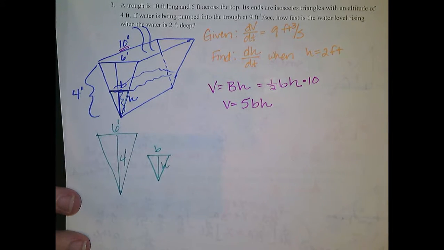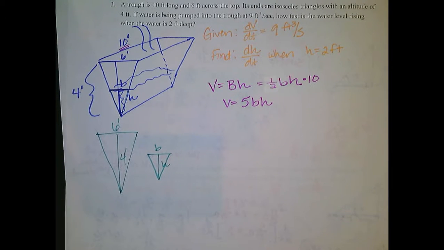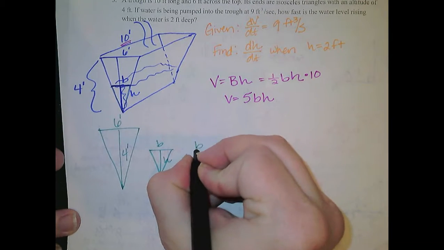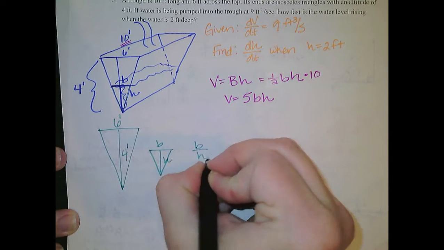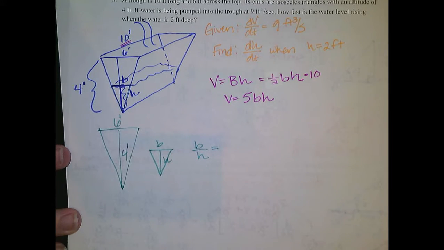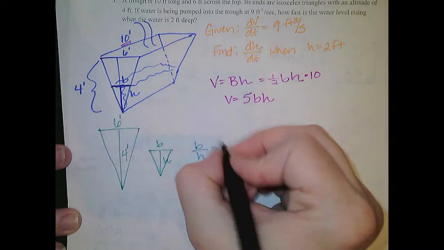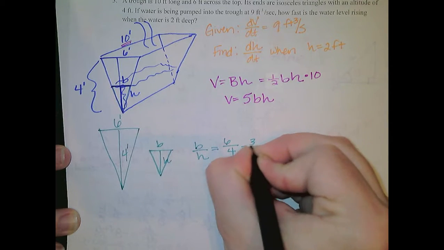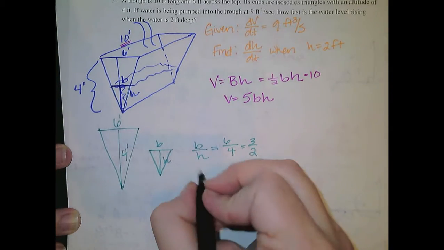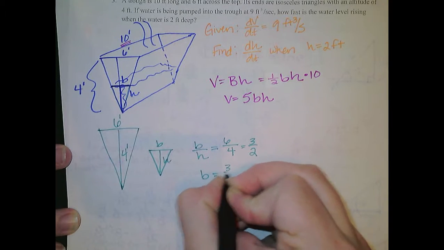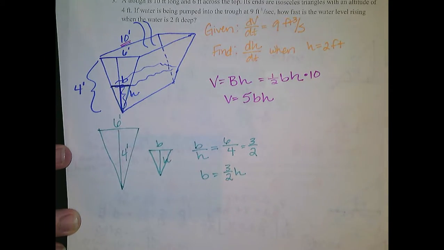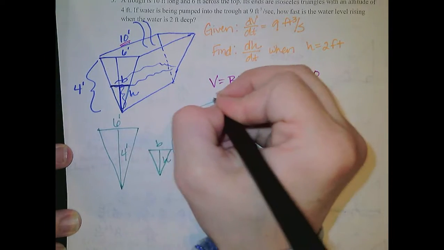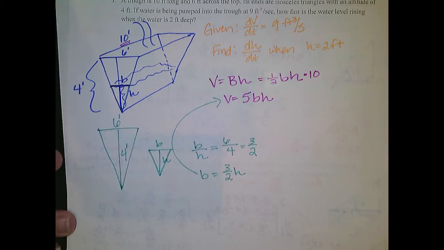So the proportion of the base b to the height h is equal to the base of the whole trough, 6 feet, over the height of the whole trough, 4 feet, or 3/2, which means that b is equal to 3/2 times h. I can plug that back into my equation to eliminate the variable b.